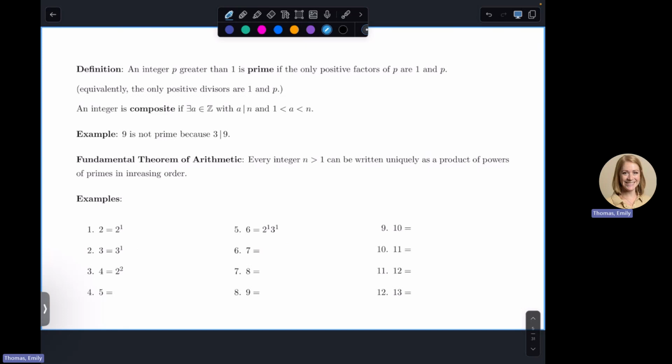This is going to come back later, but this is a fun little exercise now. 7 is 7 to the first, 8 is 2 to the third, 9 is 3 squared. 10 is 2 to the first times 5 to the first. 11 is prime, so it's just 11 to the first. 12 is 2 squared times 3 to the first.